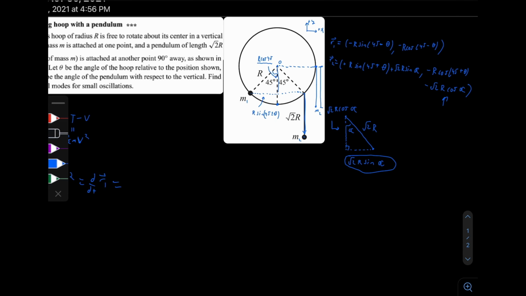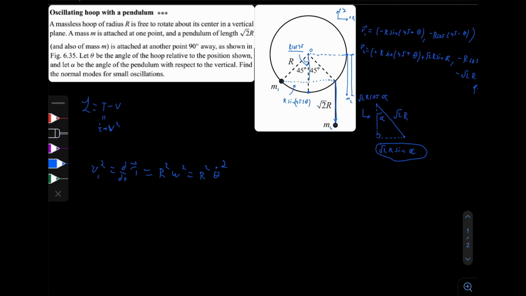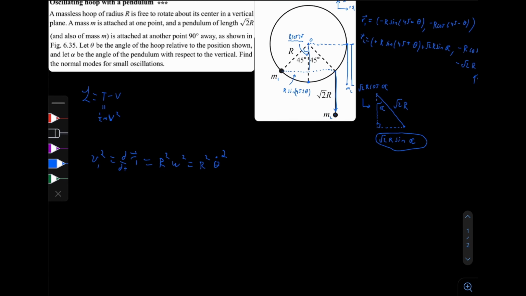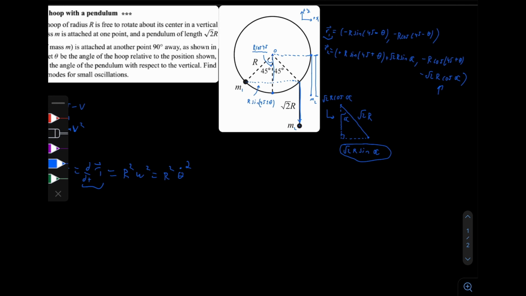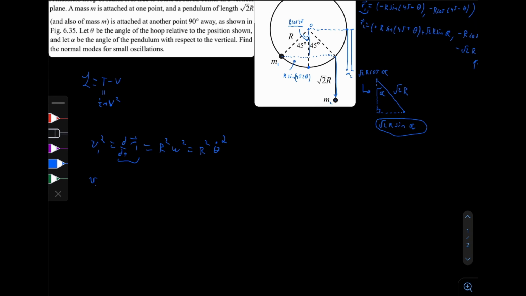But you can just notice that m is in circular motion about a radius r, so that's just going to be r squared times omega squared. And just because we're doing Lagrangians, we want to write this out explicitly in terms of theta. So omega, the angular velocity, is theta dot, the time derivative of theta, squared. Hopefully you know this. You can just show it by taking the derivative of this. It's really easy.